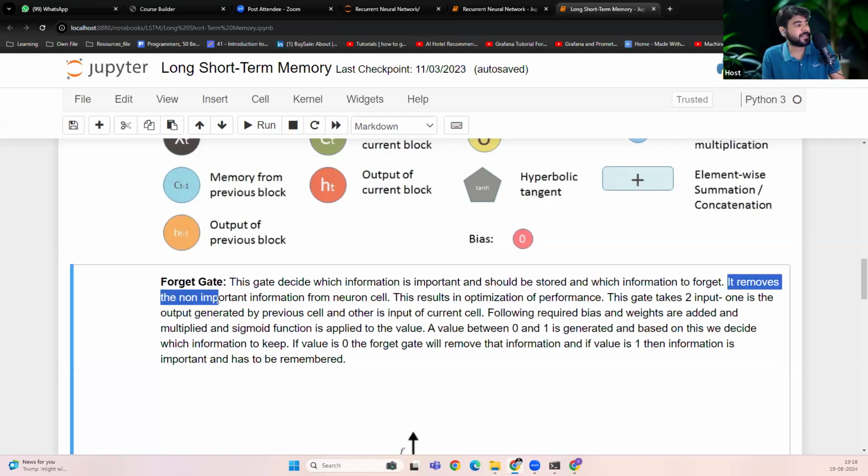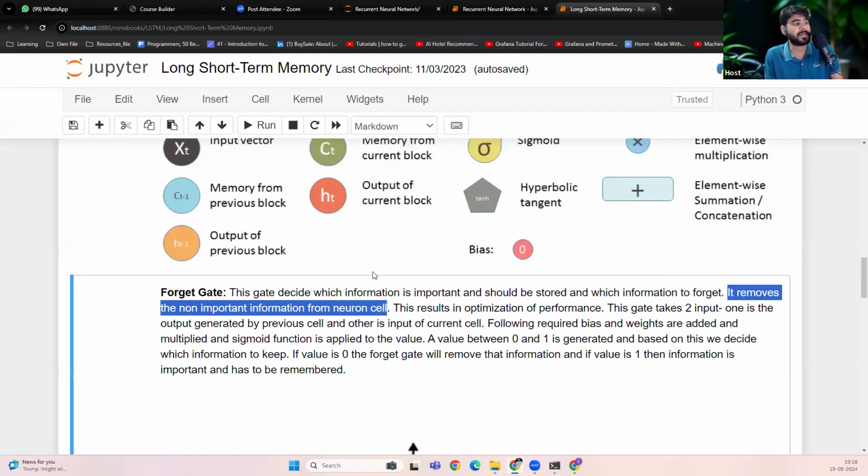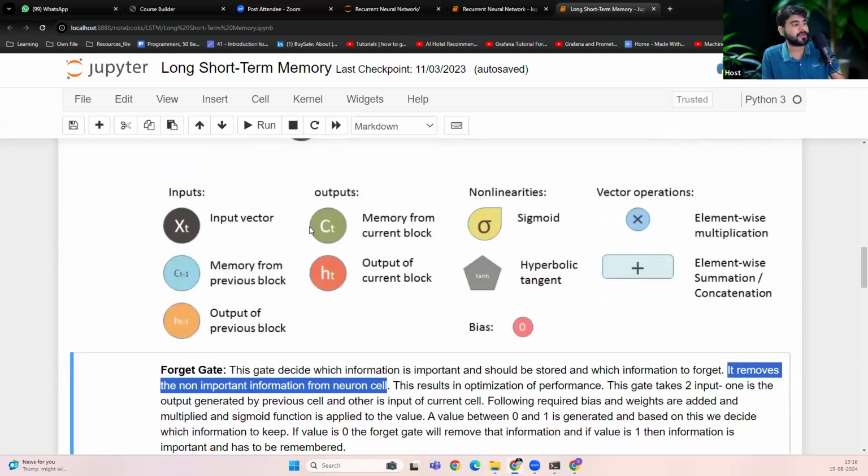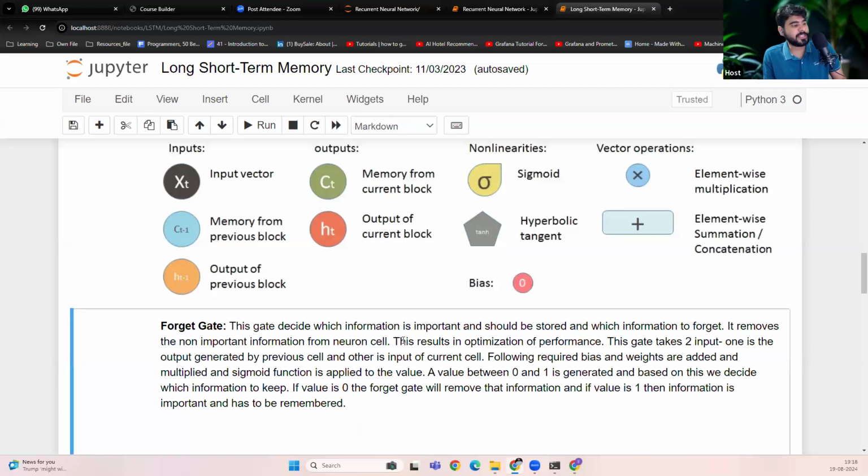It removes the non-important information from the neuron cell. Neuron cell means that we are going to pass the data from one cell to another cell. As you can see, we have multiple arrows. Don't worry, I will explain this entire architecture, but right now just try to understand some of the terms like forget gate. This results in optimization of the performance. This gate takes two inputs.